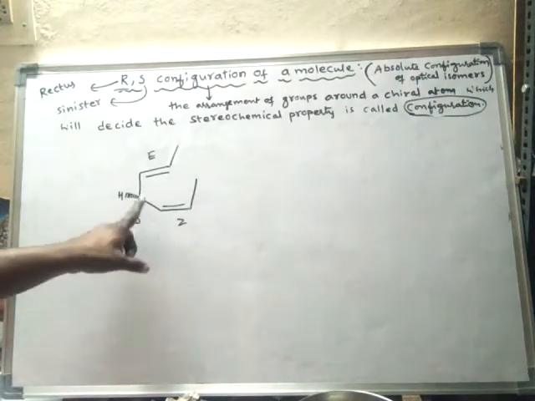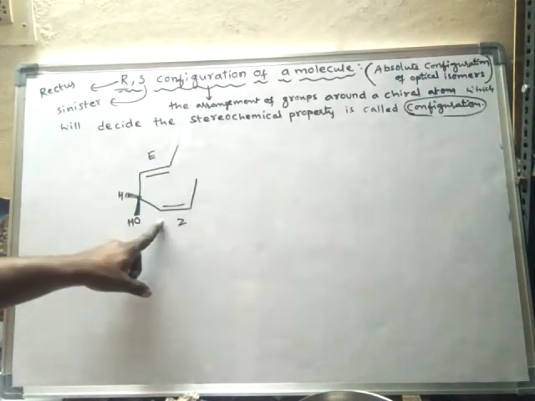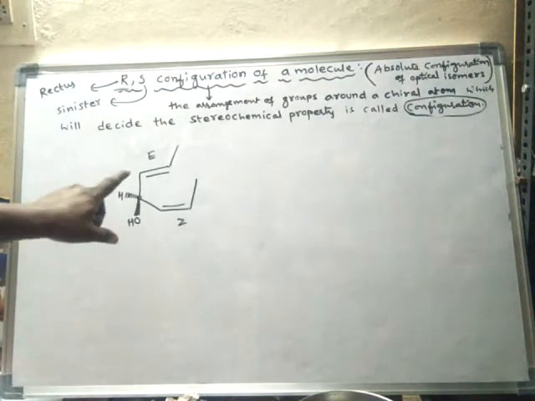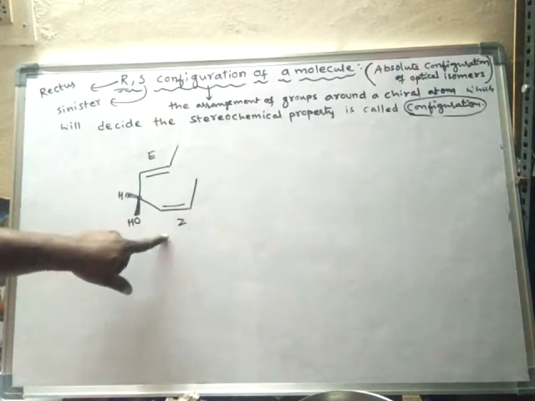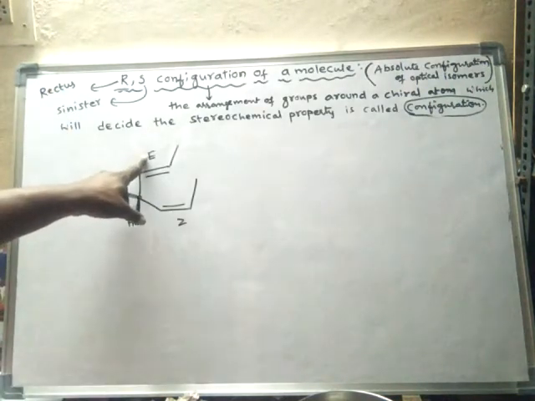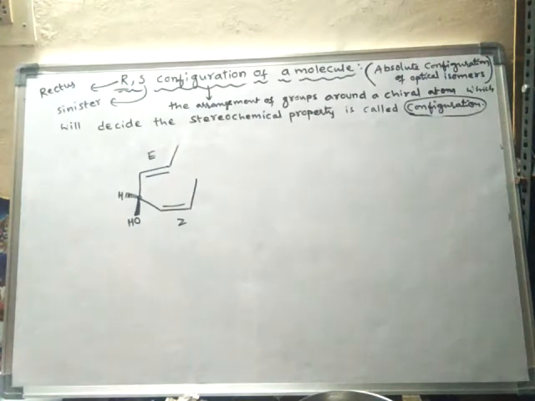Though formula-wise they look similar, according to stereochemistry, these two are different. One is E configuration and another one is Z configuration.